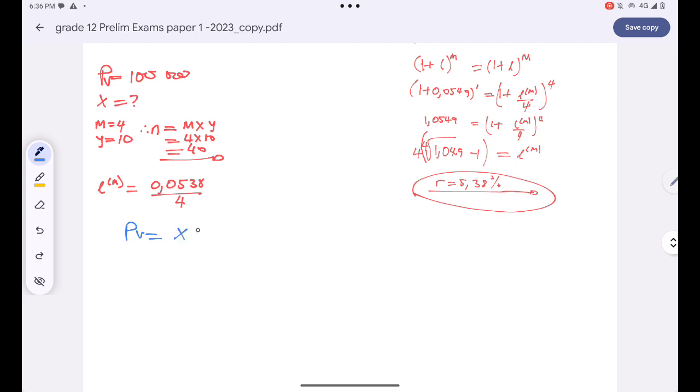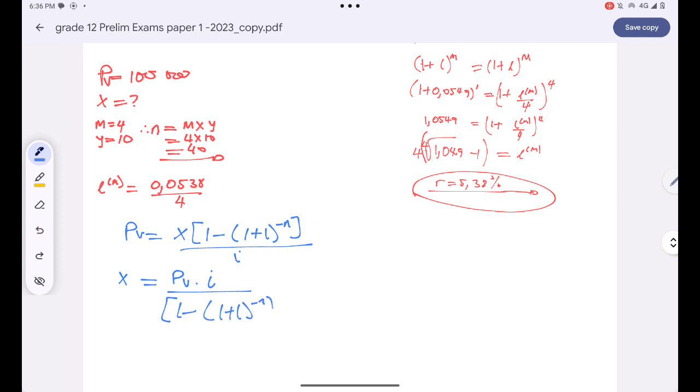So that's the present value equals x times 1 minus (1 plus i) to the negative n, all over i. I just want to isolate x, so I can simply say x is equal to the present value multiplied by the interest, divided by the bracket 1 minus (1 plus i) to the negative n.